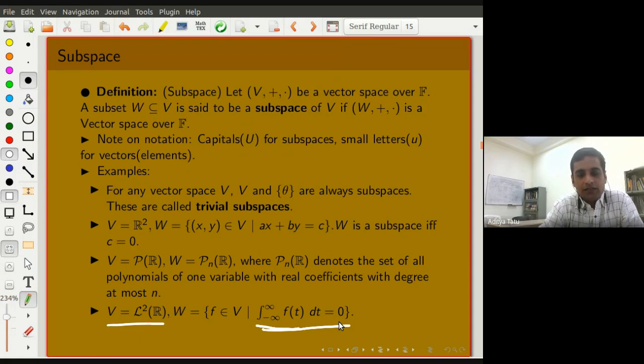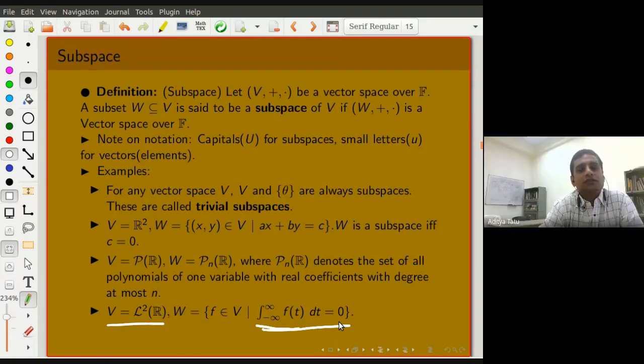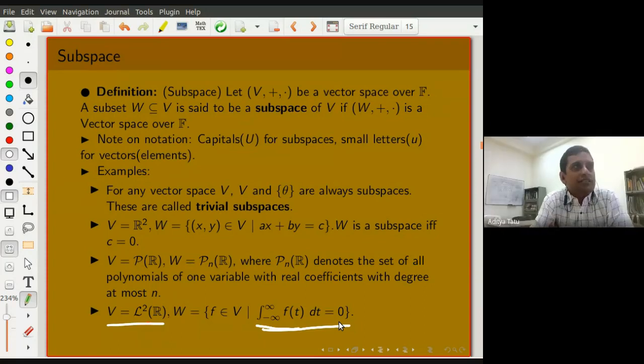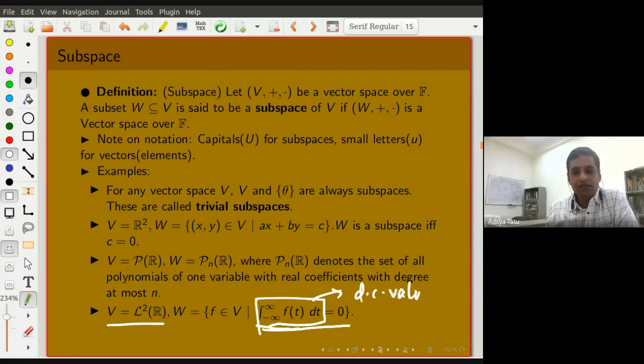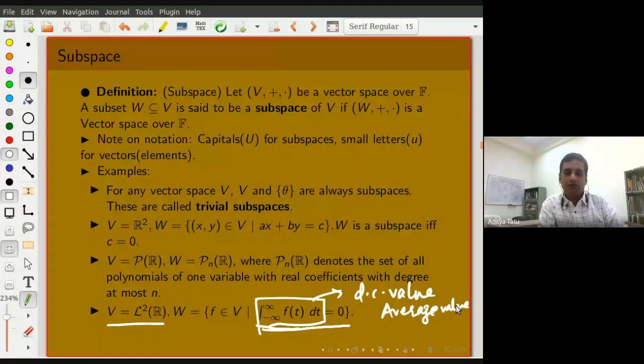You studied Fourier transform, right? The left-hand side is nothing but the area, the DC value or the average value of the signal.